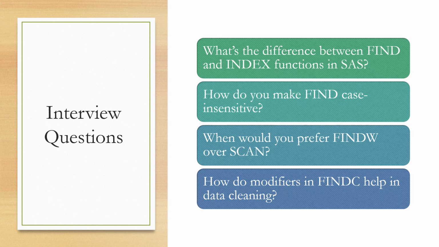We use FINDW when we need to check if a specific word exists in a character list, and it returns its position in the sentence. Whereas SCAN is used when you want to extract a word by its position. So FINDW will give the result if the word exists in the character list which we want to check, whereas SCAN will extract a word by its position.